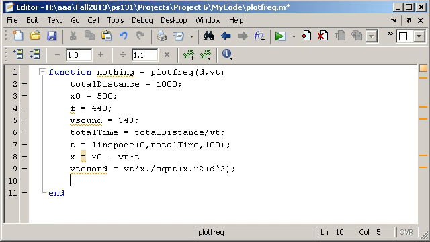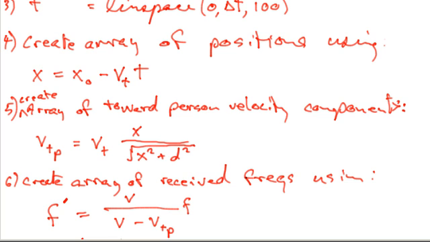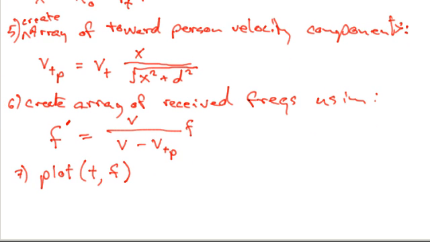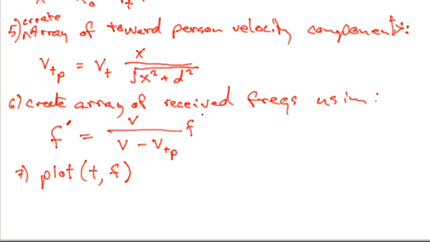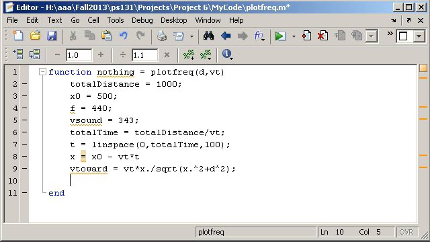And then, well, I'm already ready to create the frequency array. F prime is that, v minus vtp on the bottom.